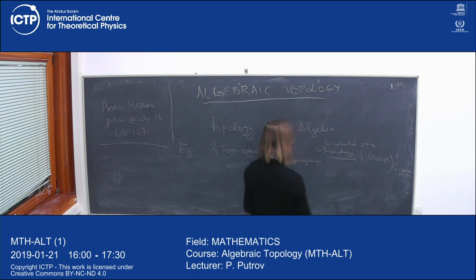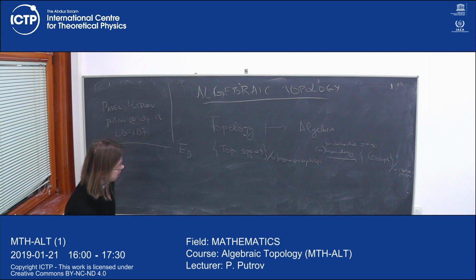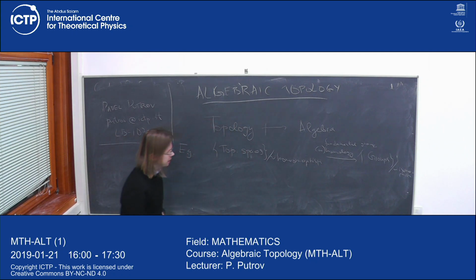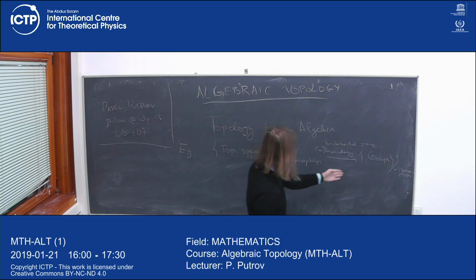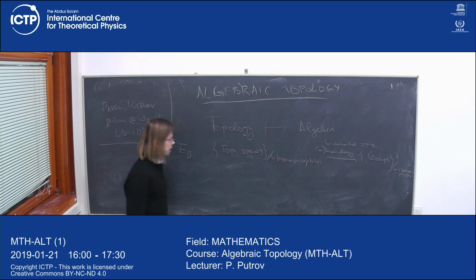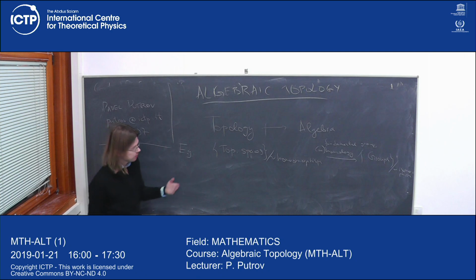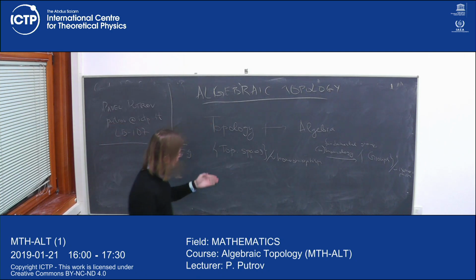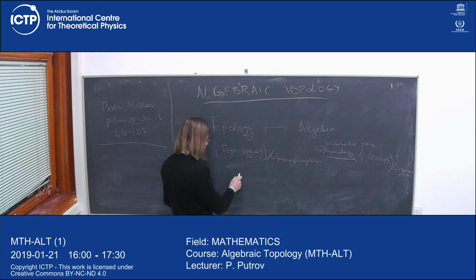What will actually happen is that the result will depend not on the homeomorphism type of the topological space, but on some kind of weaker class.